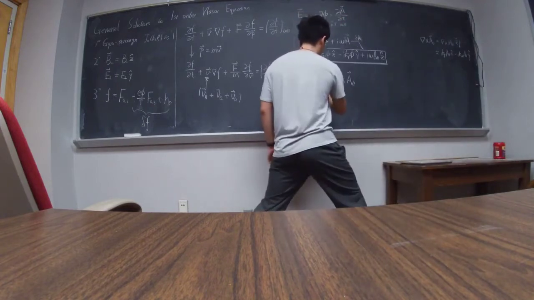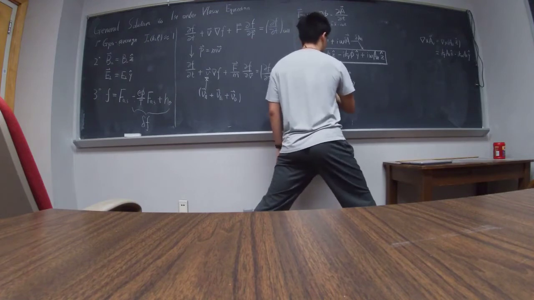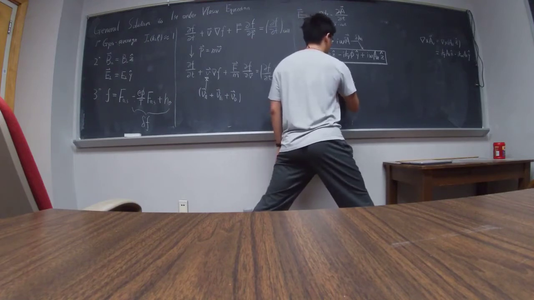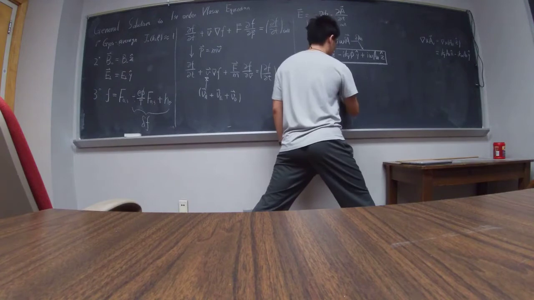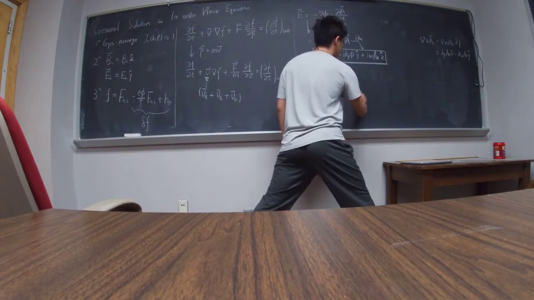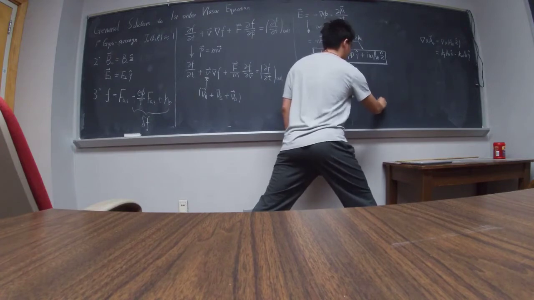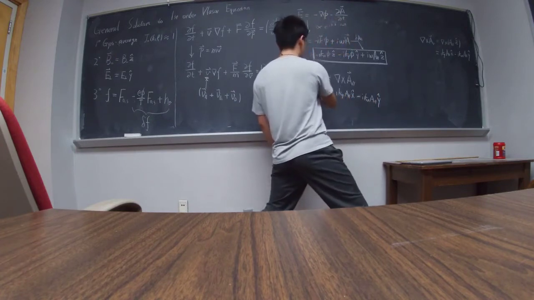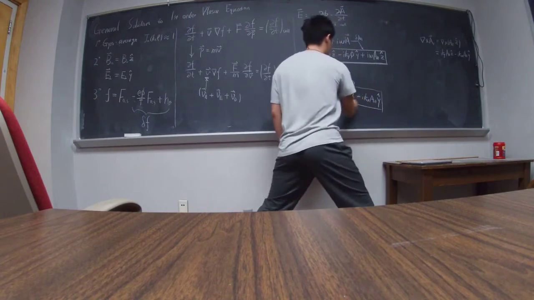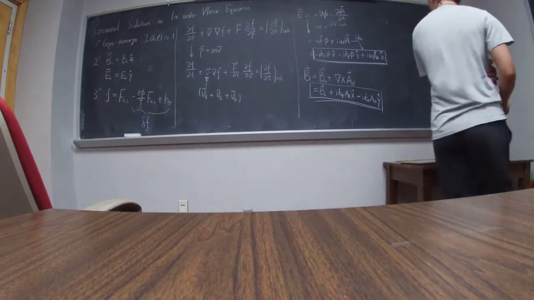So we are left with this nice expression: k y A parallel x minus i k x A parallel y. You need to keep that in mind. That will become handy for the future.